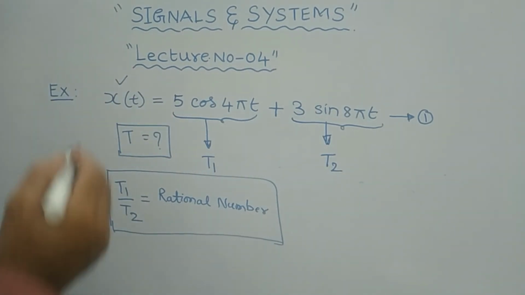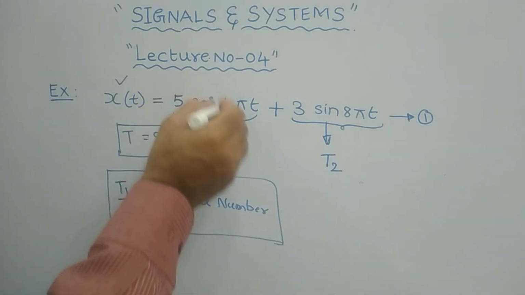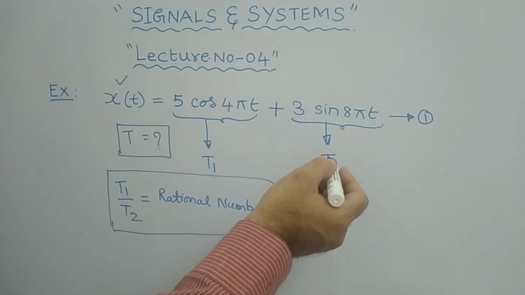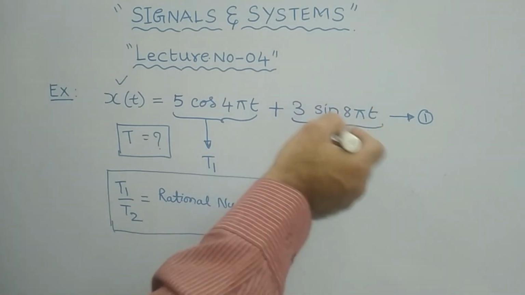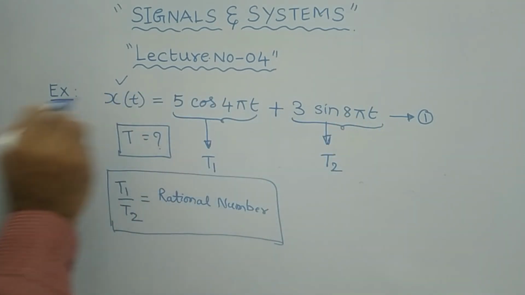And then t1 is nothing but the time period of this particular portion. The t2 is the fundamental time period of this second portion. What is the actual time period of x of t?